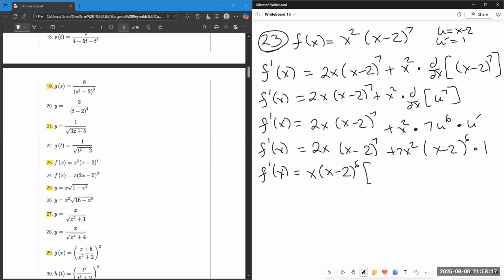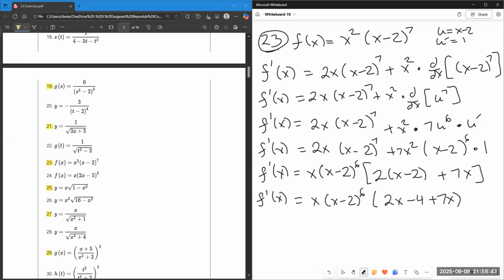And that will give me 2 times x minus 2 plus 7x. f prime of x is x times x minus 2 to the 6th times 2x minus 4 plus 7x. f prime of x is x times x minus 2 to the 6th times 7 plus 2 is 9, 9x minus 4.